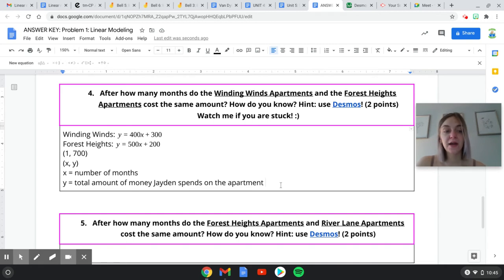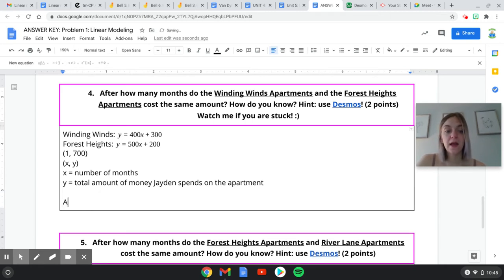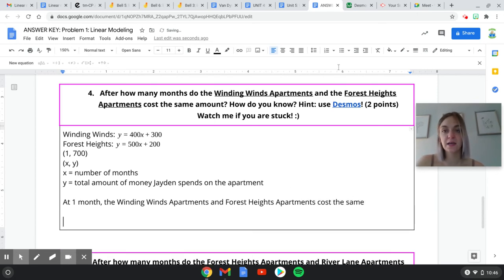So my ordered pair is telling me that after 1 month, or at 1 month, I'll say, the Forest Heights and Winding Winds apartments cost the same, because that's where the graphs intersect.